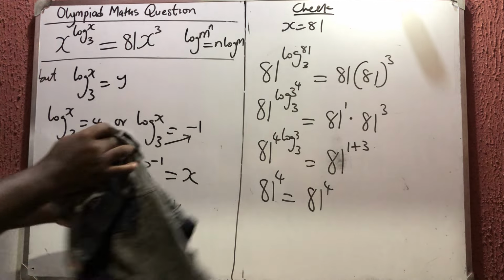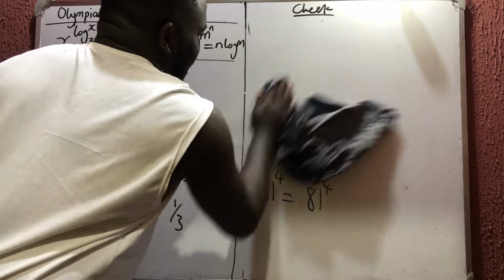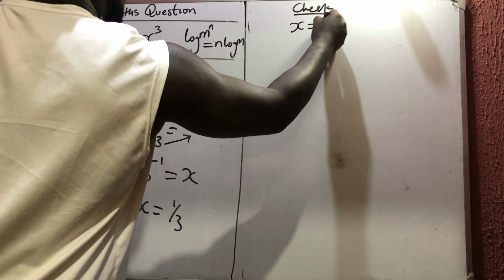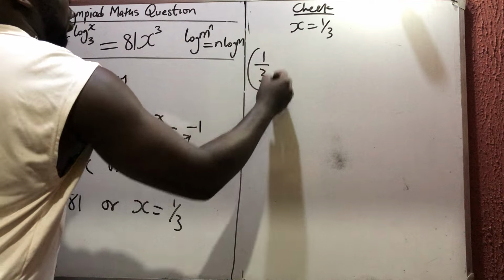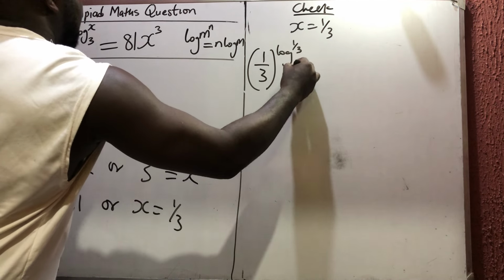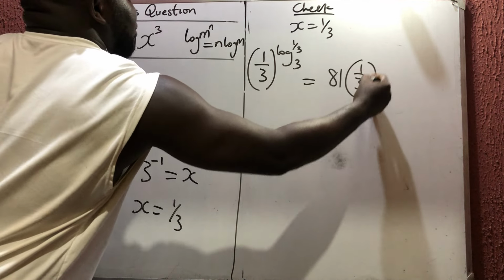So let us check for x is equal to 1 over 3 and see what we are going to have. When x is 1 over 3, we'll be having 1 over 3 all raised to power log 1 over 3 base 3 is equal to 81 into 1 over 3 raised to power 3.